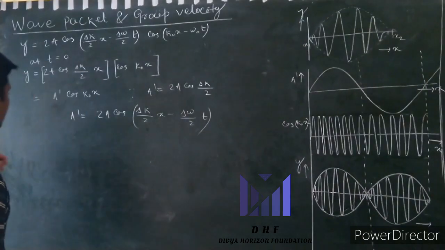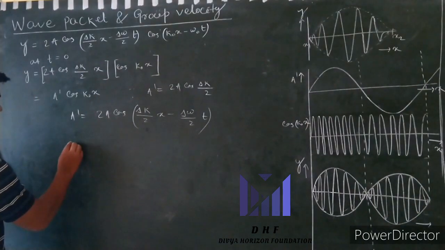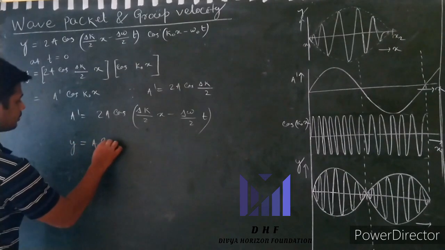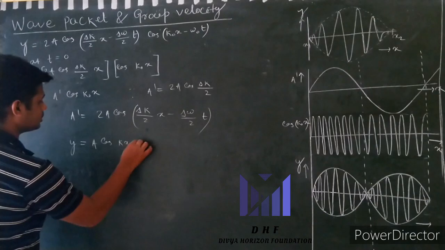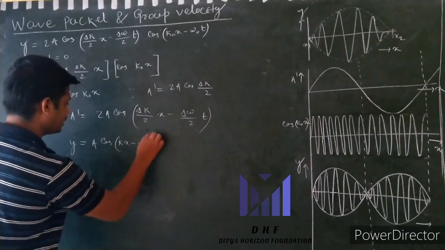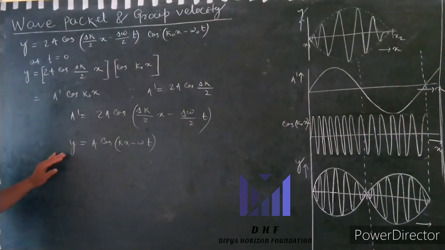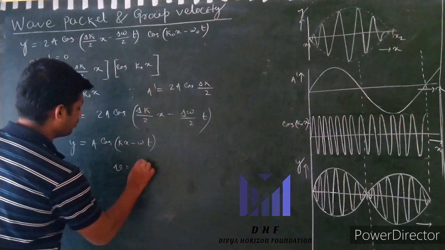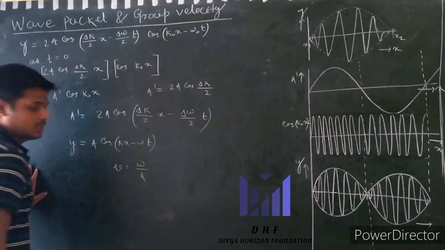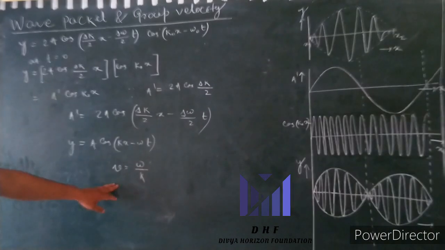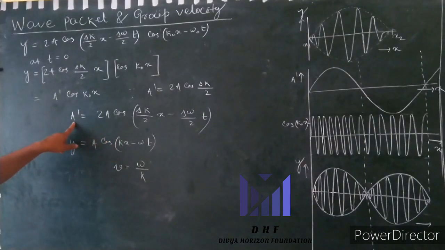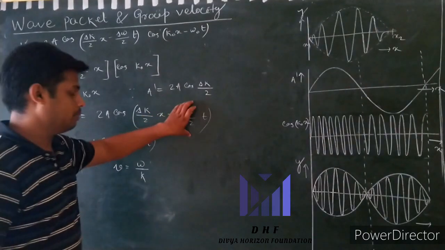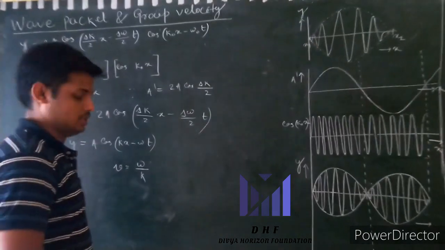We have learned from the equation of a monochromatic wave that if a monochromatic wave is given by a cos (kx minus omega t), the velocity of propagation of this monochromatic wave is given by v is equal to omega by k. Similarly, the velocity of propagation of a dash will be equal to the ratio of angular frequency and propagation constant.